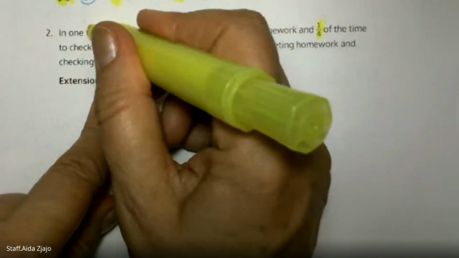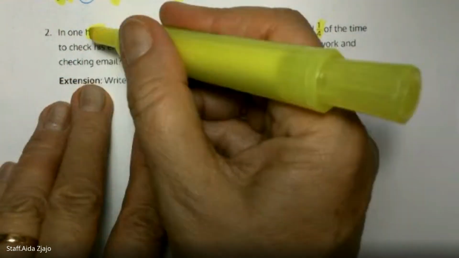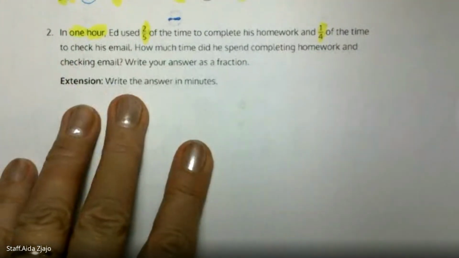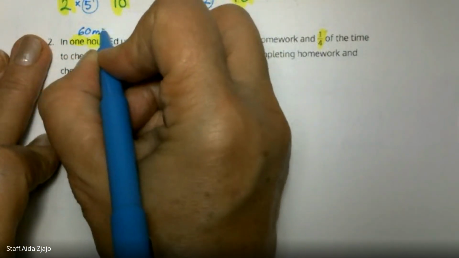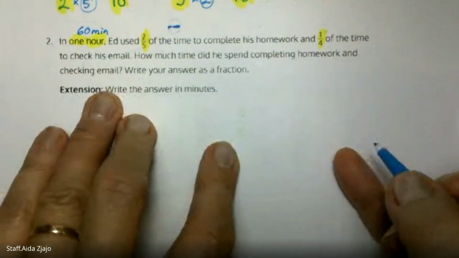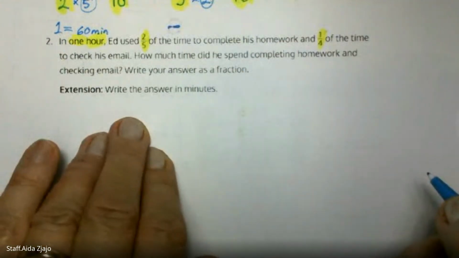So in an hour, the hour is a whole, and 1 hour means 60 minutes. That's how I can think what the whole is, or equals 1 hour. 1 hour is 60 minutes.